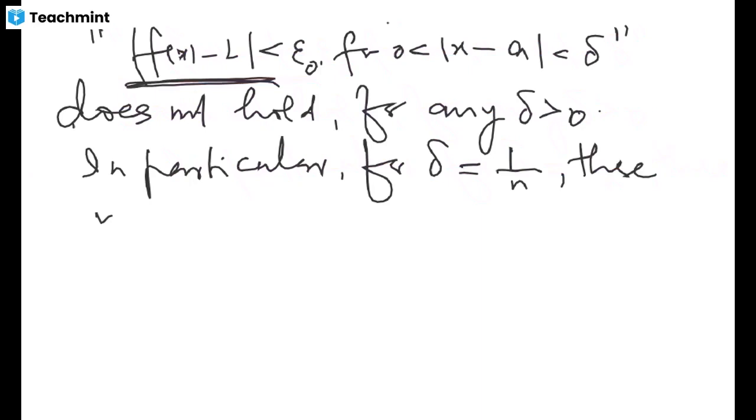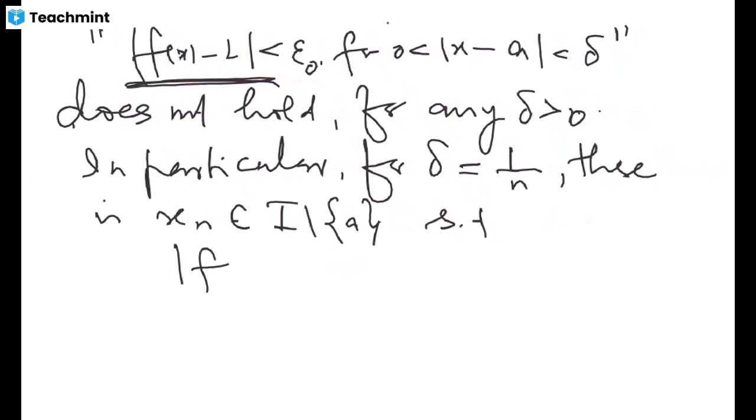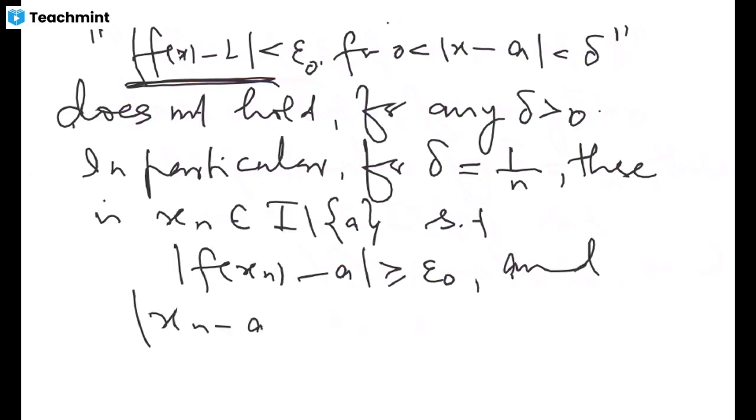So there is some point xn in I different from a such that |f of xn - L| is greater than or equal to epsilon naught, and at the same time the distance of xn from a will be less than delta. Here delta is 1/n for each n.